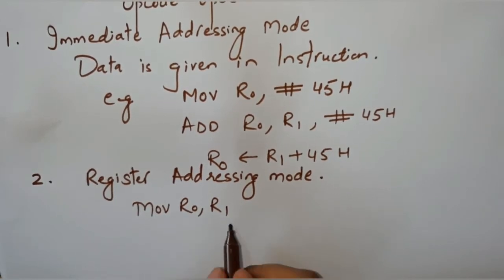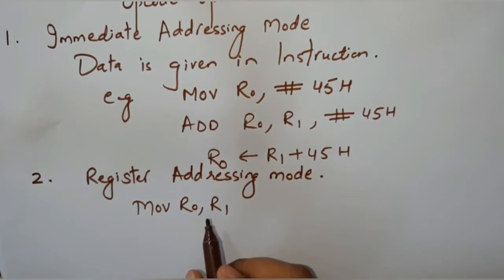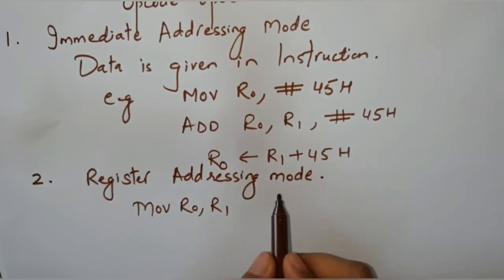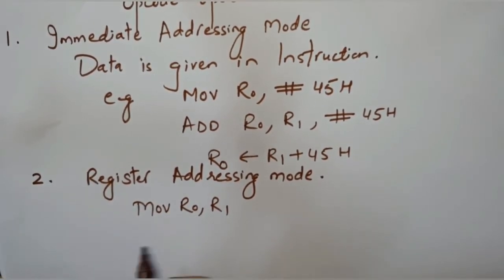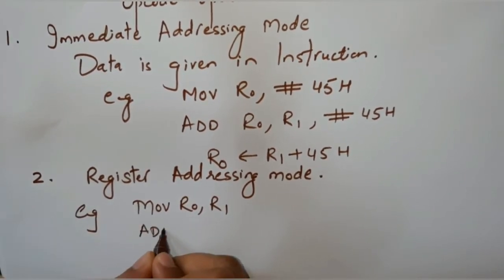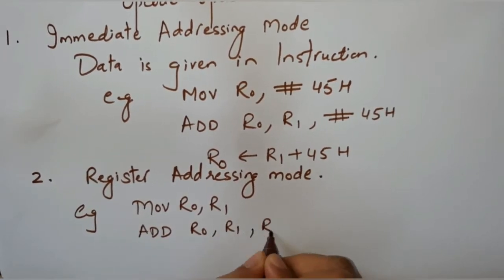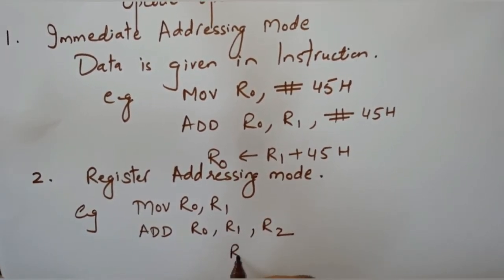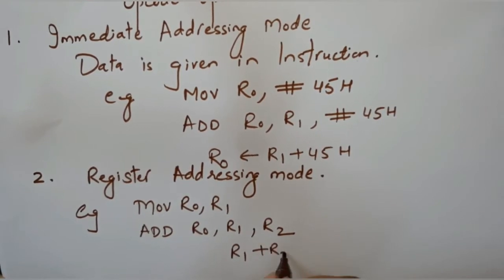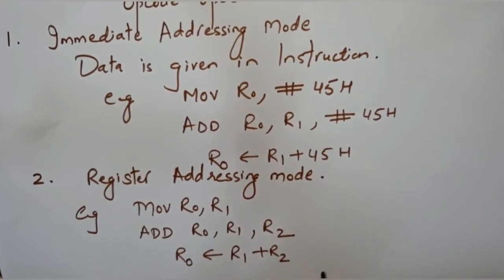So here the content of register R1 will be moved to register R0. Here all the operation is performed on the registers directly. Another example: here the content of R1 is added to R2 and the result is stored in register R0.